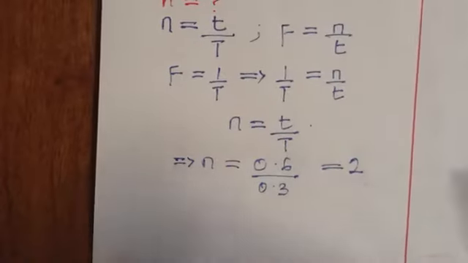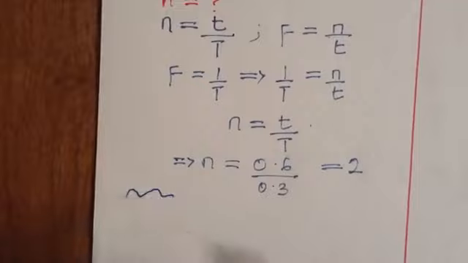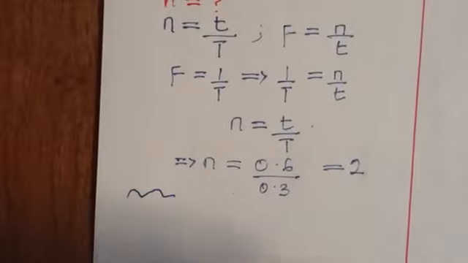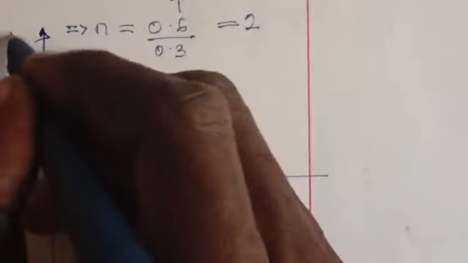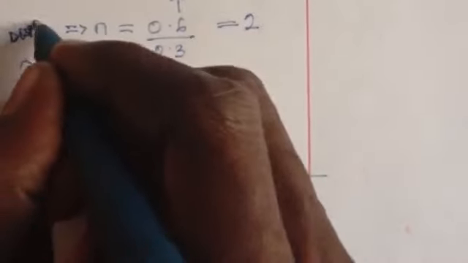The question said we should use a displacement time graph. Remember it's a wave, so we expect something sinusoidal. Just draw the vertical and horizontal axes, where the vertical represents the displacement in meters and the horizontal represents the time of oscillation in seconds.